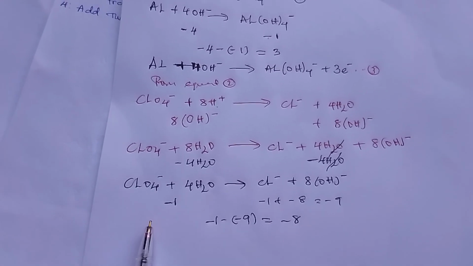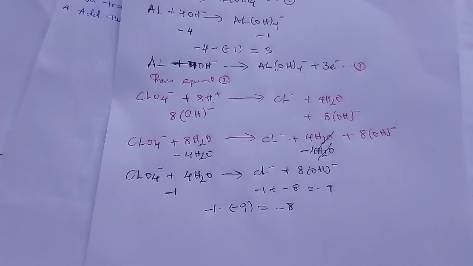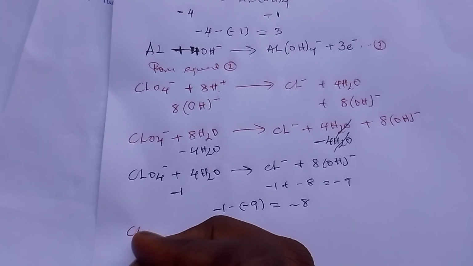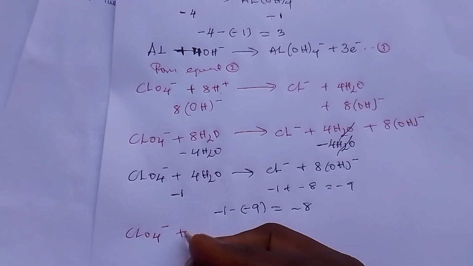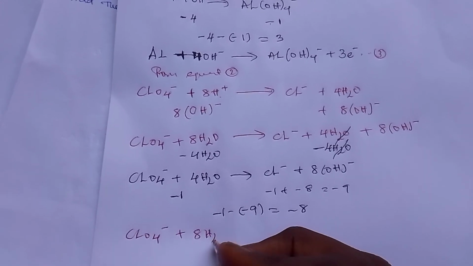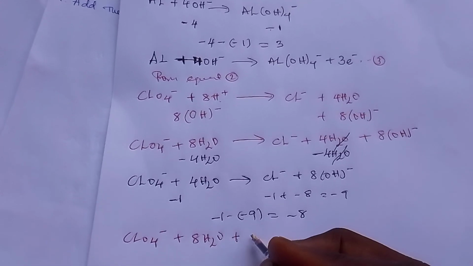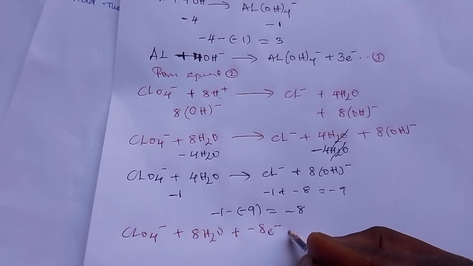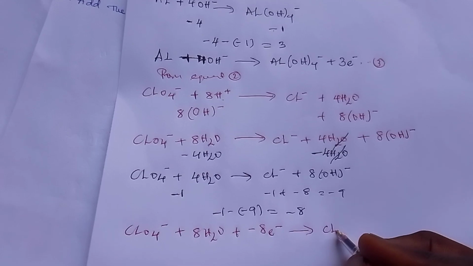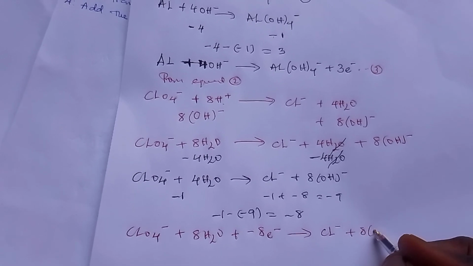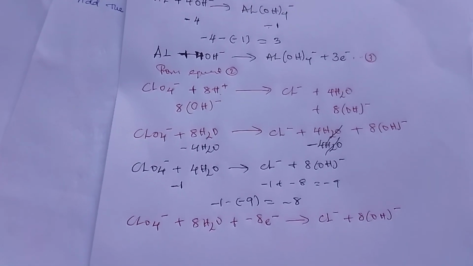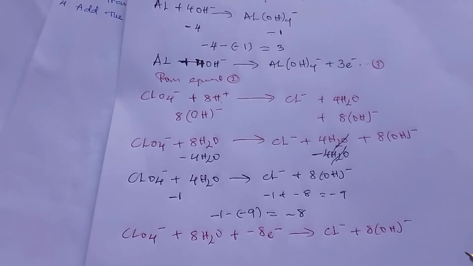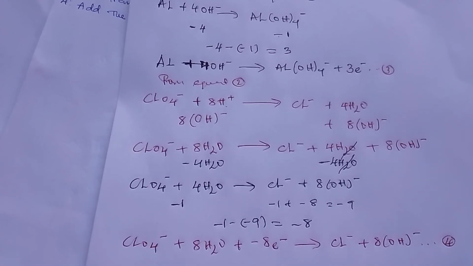I think -1 is higher in charge. So my equation becomes perchlorate plus 8H2O plus 8 electrons, which gives me chlorine -1 plus 8 hydroxyl. I'll call this equation 4.